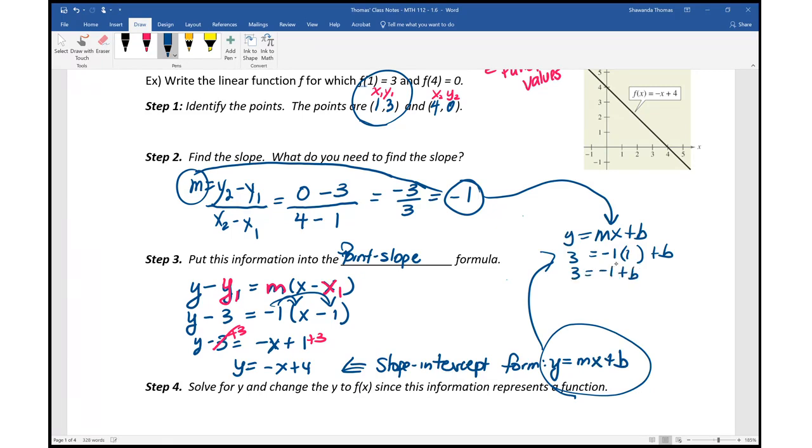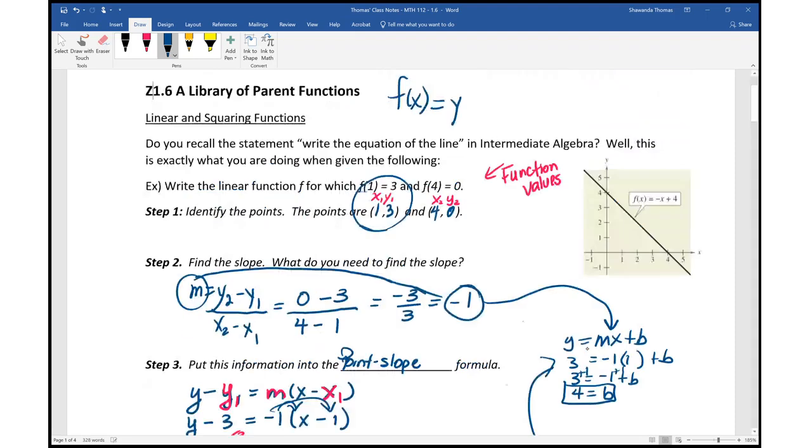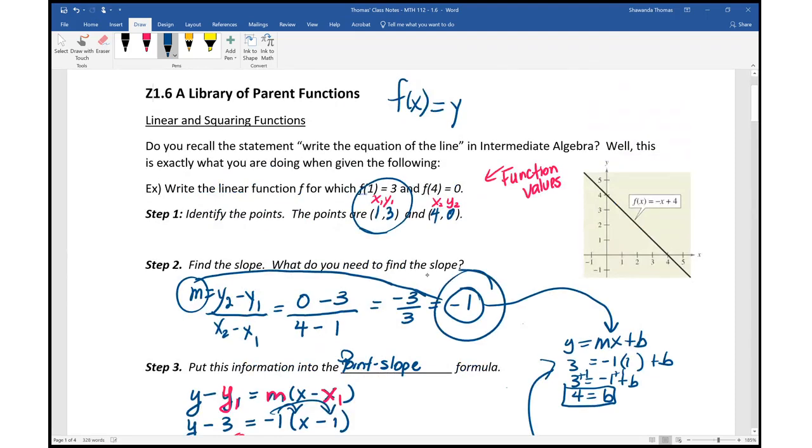And we could have added 1 to both sides. That would have given us our b, right? See that? All right, so if we know our b and we know our m, then we can say y equals, what is our m? Well, we found our m, remember? Our m is here.